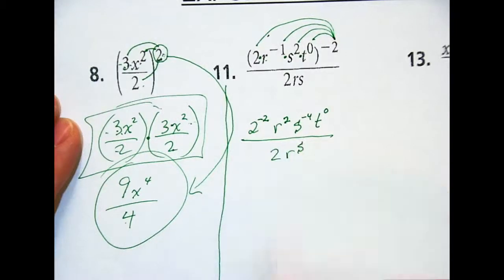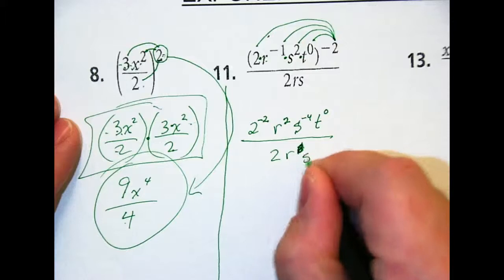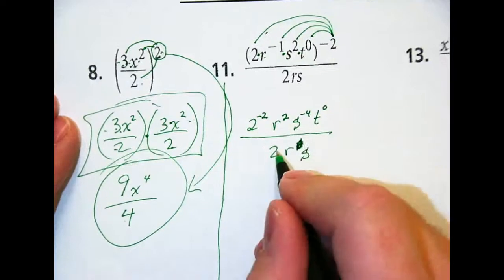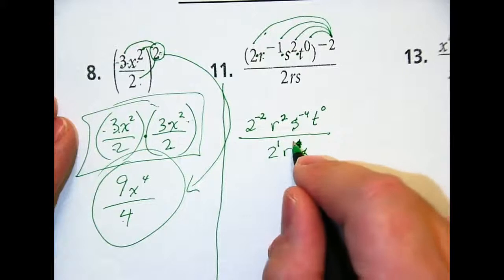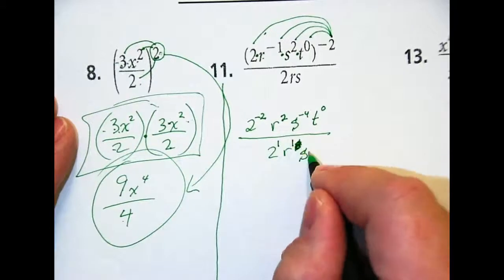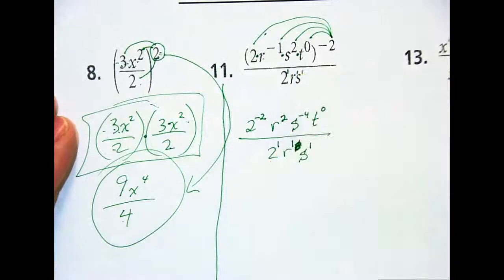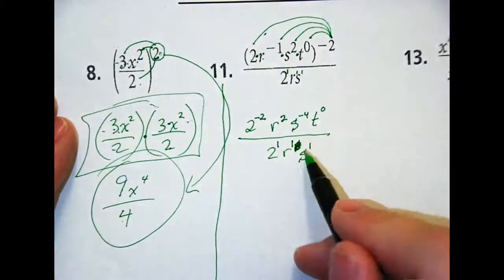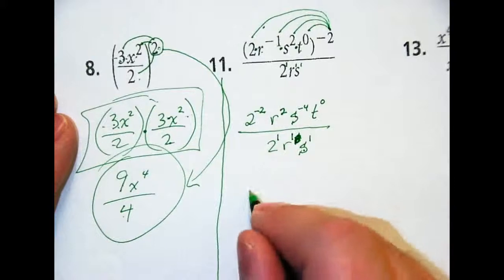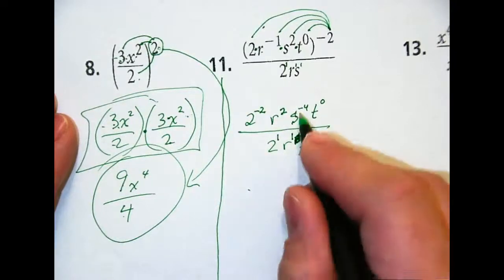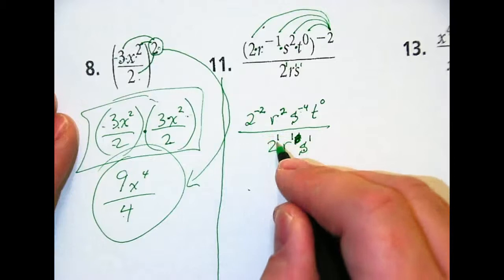Oops, not power of S, excuse me. S. What is the power on the 2 right here? 1. What's the power on the r? And what's the power on the s? 1. If there's no power shown, it's 1. Now, if I have a first power here and a negative fourth up there, I really have negative 4 minus 1, or 2 minus 1, or negative 2 minus 1.